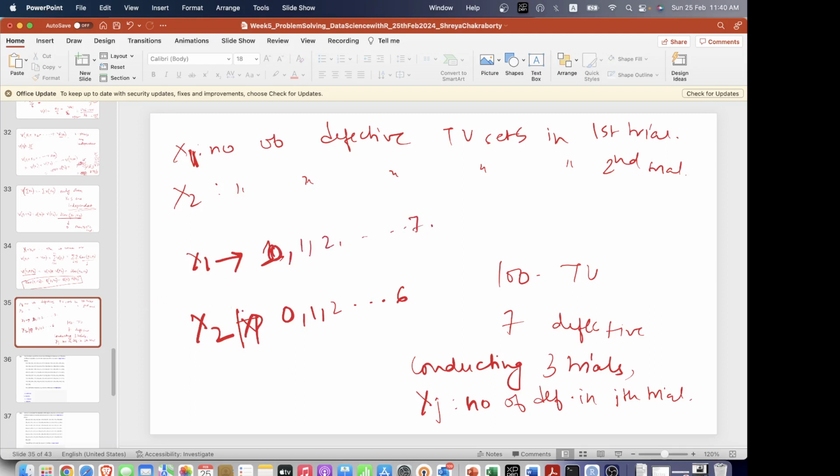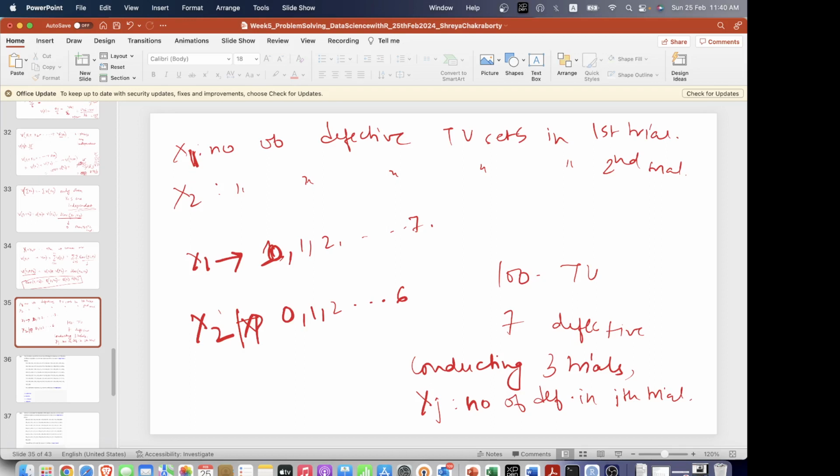So the probability of getting a defective set in the second trial would be different than the probability of getting a defective set in the first trial. So x1 and x2 are not independent. x2's outcome is going to depend on what x1's outcome was.